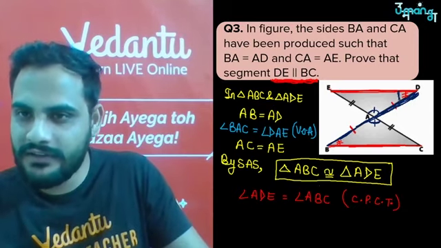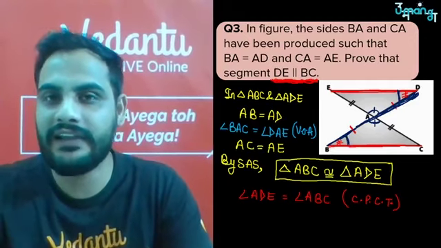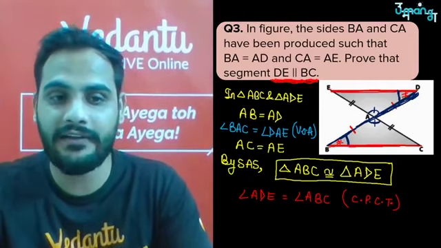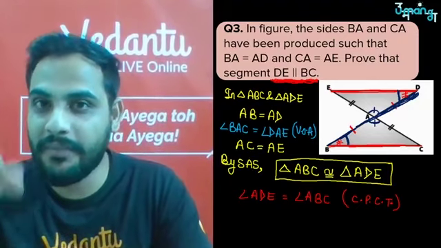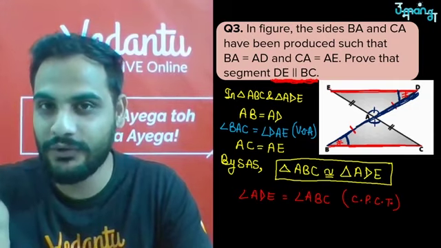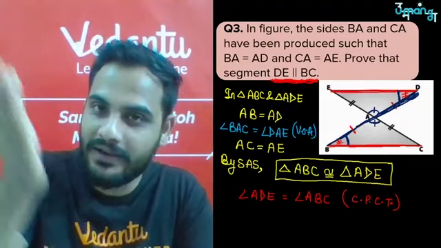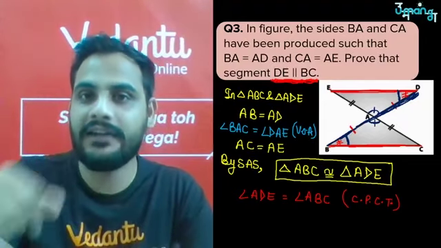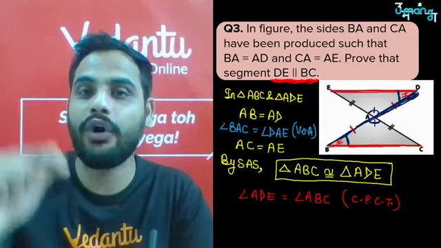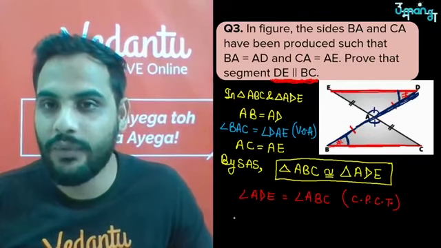So you can see that this angle D and B, they are forming a pair of interior alternate angles, and since they are forming a pair of interior alternate angles, I know that if two lines are intersected by a transversal line such that the pair of interior alternate angles formed are equal, then what can I say?